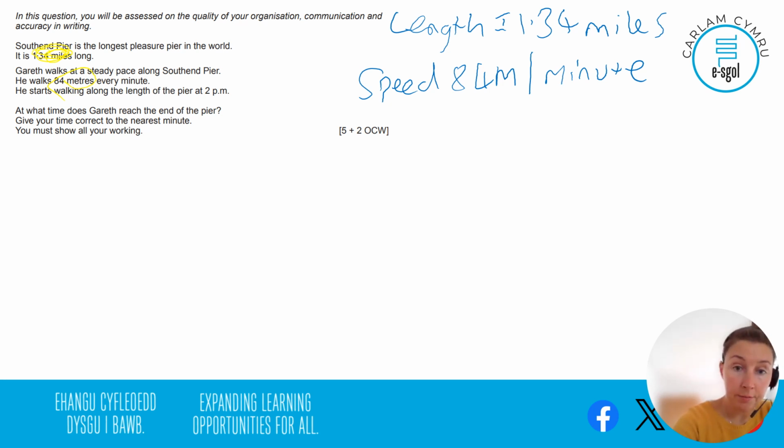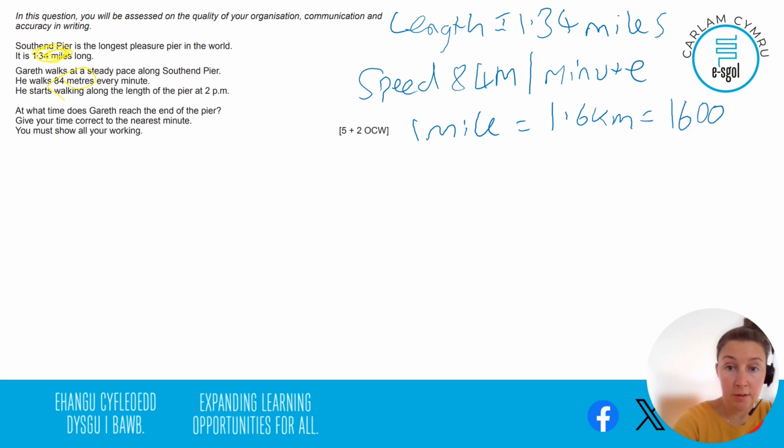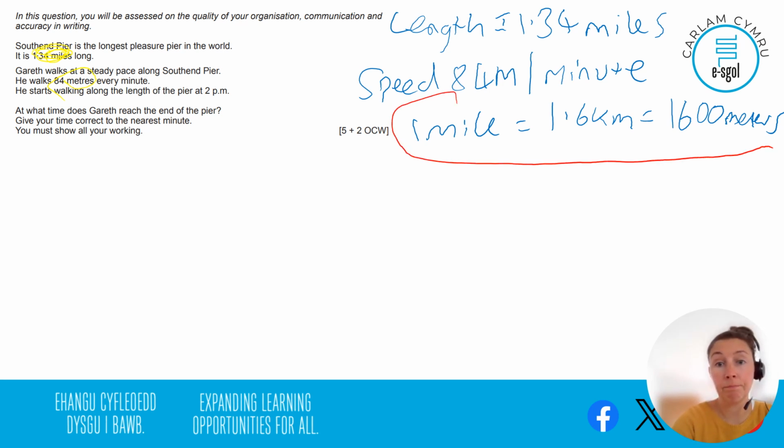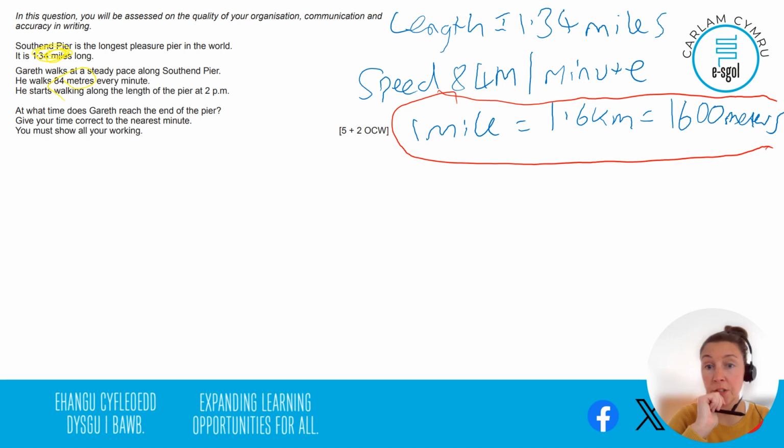So 1 mile equals 1.6 kilometers equals 1600 meters. That as well isn't going to be given to you. You need to know that. One mile equals 1.6 kilometers equals 1600 meters.